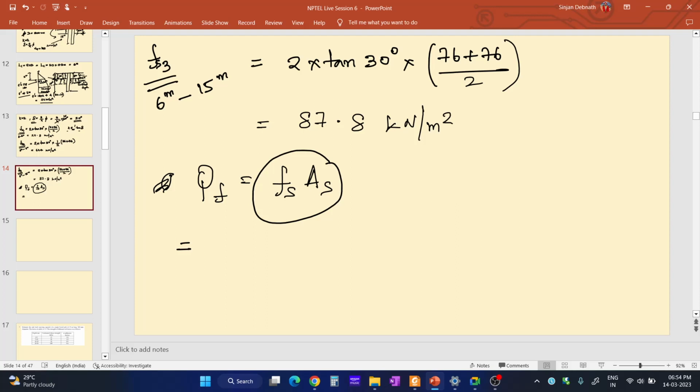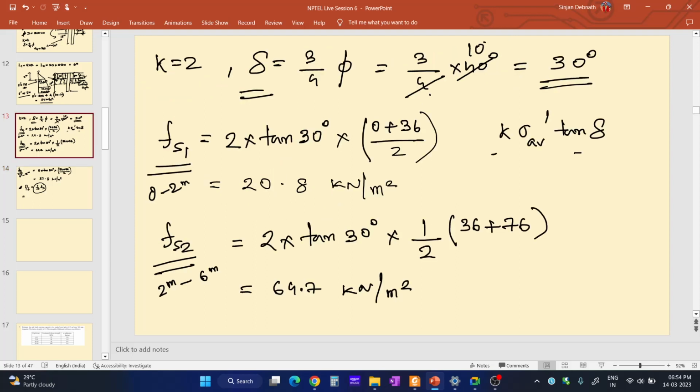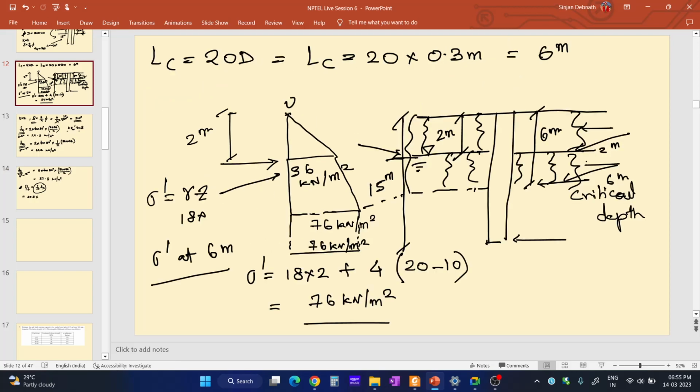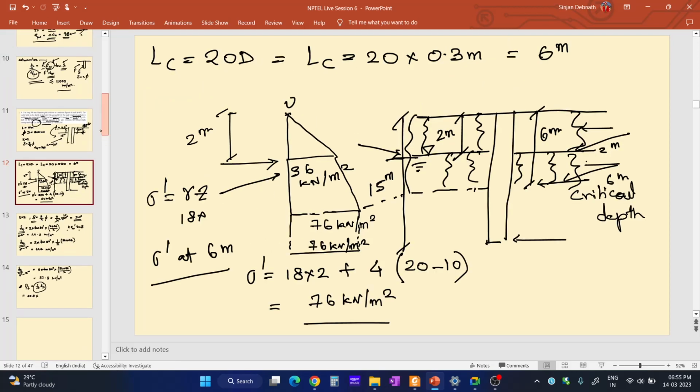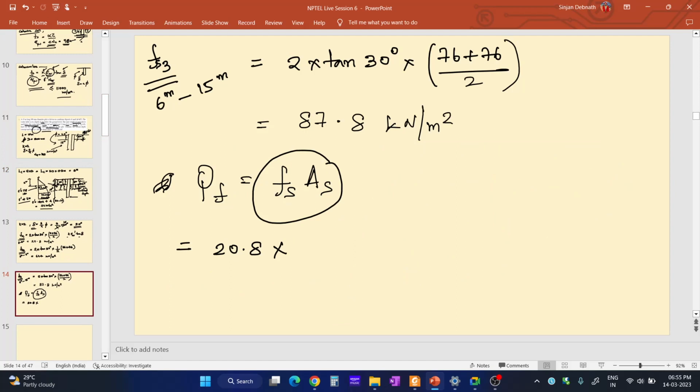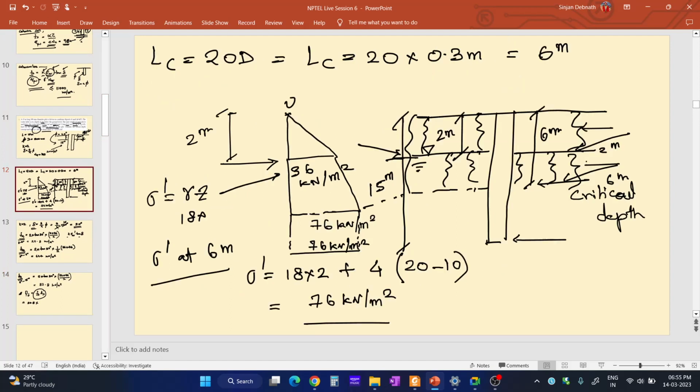Okay. So what is the Fs1 in this case? Fs1 is 20.8. So 20.8 multiplied by the surface area of the top portion. We know the diameter, right? What is the diameter of the pile? The diameter is 0.3 meter or 300 millimeter. So what will be the surface area of the top portion?